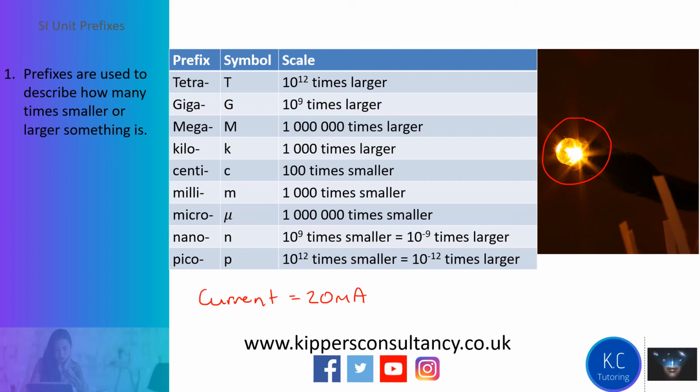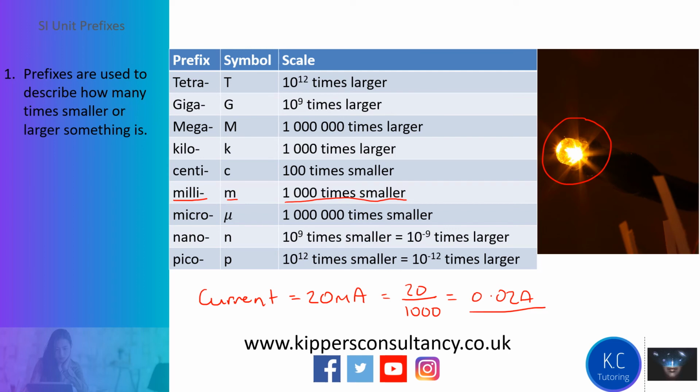Well, milli with the symbol m means it is 1,000 times smaller. So 20 milliamps would be 1,000 times smaller than 20 amps. So that would be calculated as 20 divided by 1,000, which is equal to 0.02 amps.